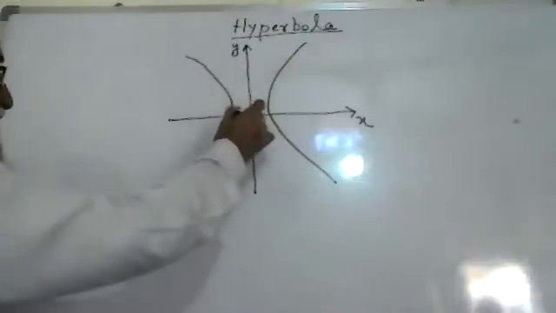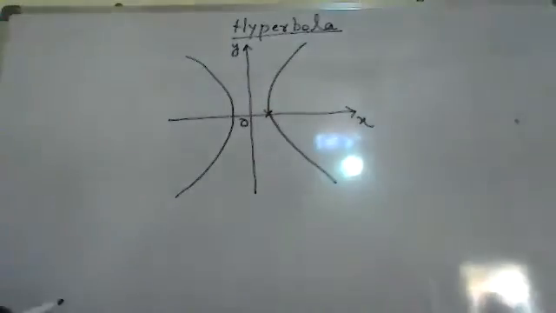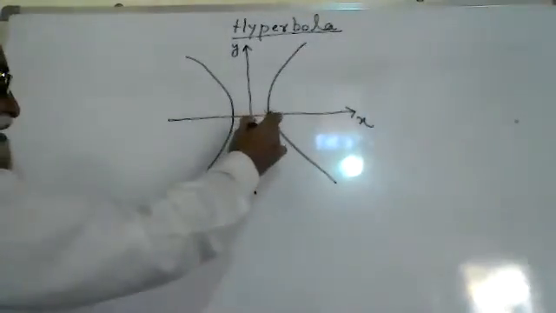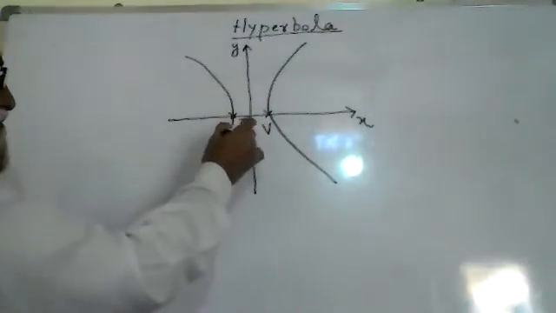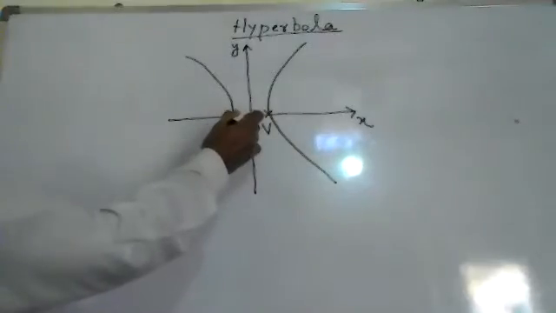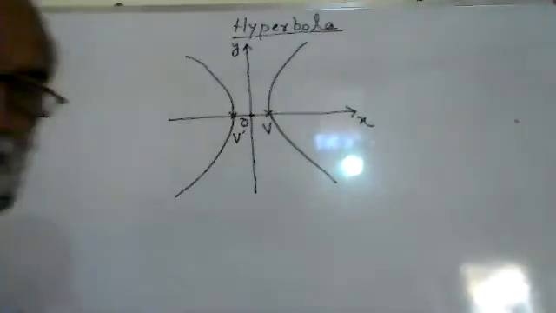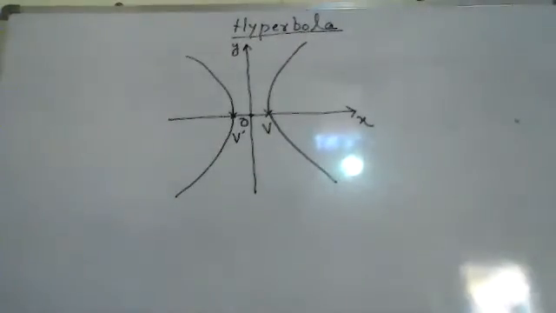This will be called the center. This is the vertex. There are also two vertices just like the ellipse. This is V, this is V dash. The midpoint of V and V dash, both vertices, is the center.